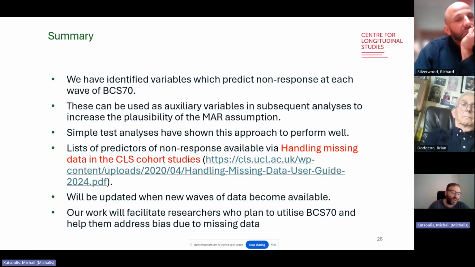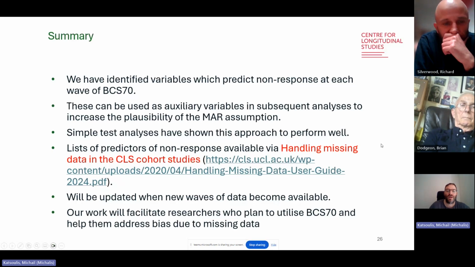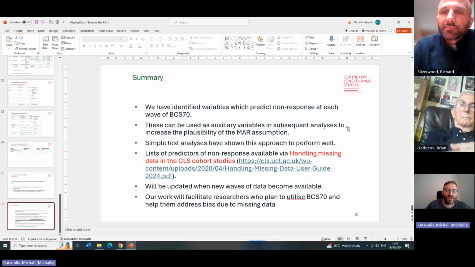You just go and take the information of these variables and you use them in your analysis to tackle missing data issues. This user guide will be updated when new waves of data become available. And our work, we hope, will facilitate researchers who plan to utilize BCS70 and help them address bias due to missing data. So that was it, and thank you very much for your time.